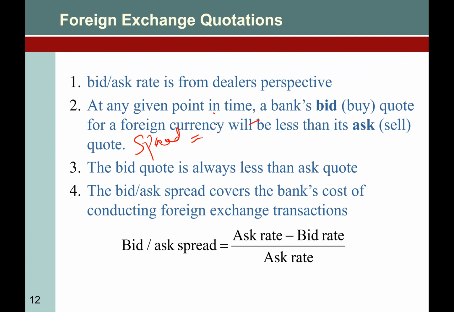Sell high, buy low. Ask minus bid. And for the spread ratio, the bid-ask spread ratio, if you want to find it, you divide by ask.